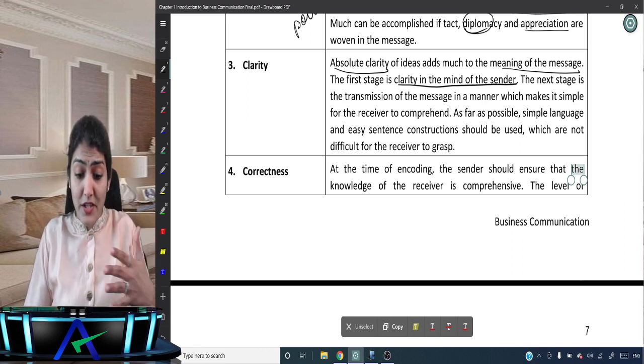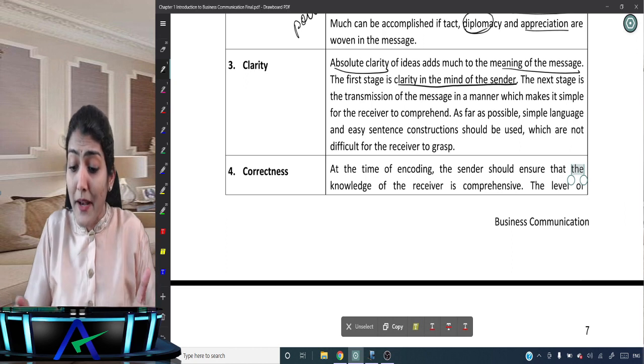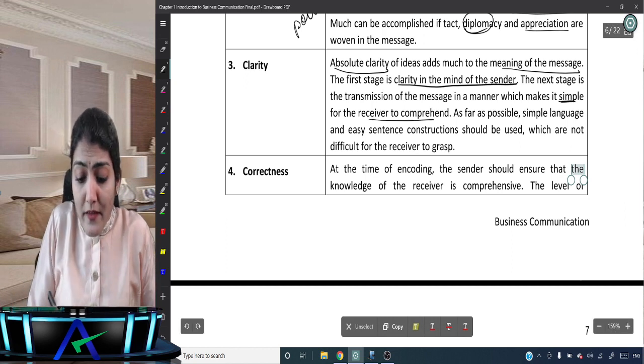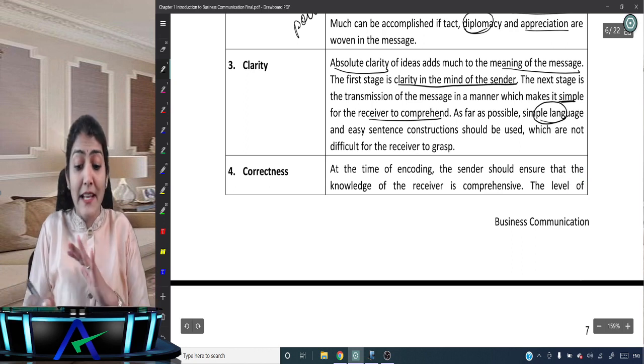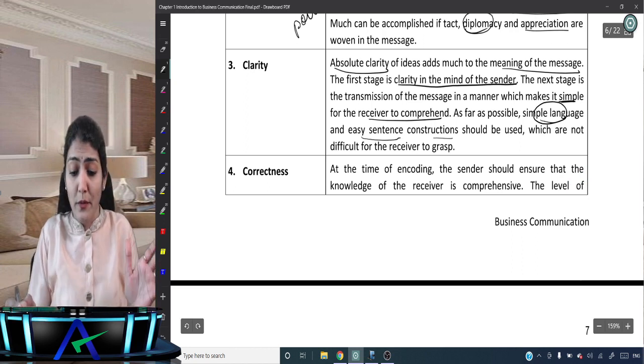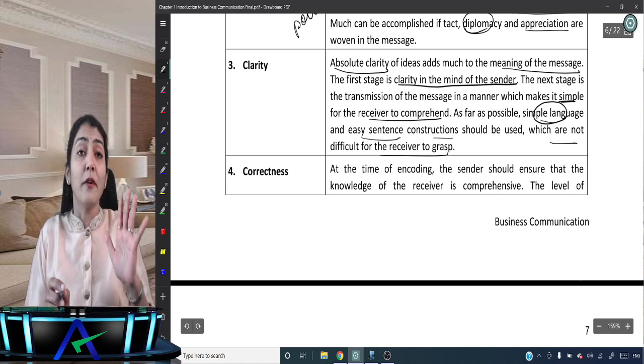The next stage is the transmission of the message in a manner which makes it simple for the receiver to comprehend. As far as possible, simple language and easy sentence construction should be used, which are not difficult for the receiver to grasp.